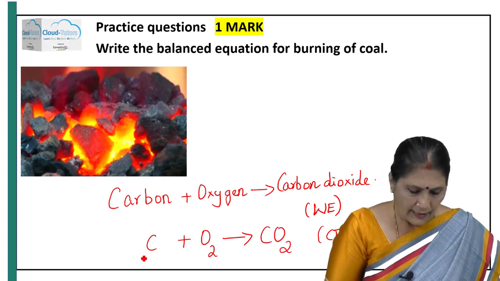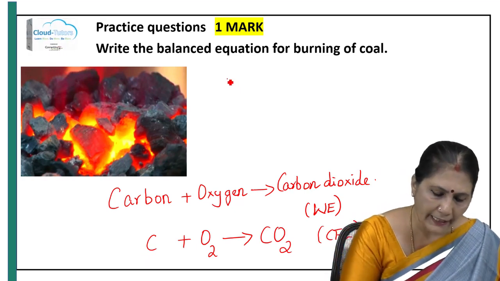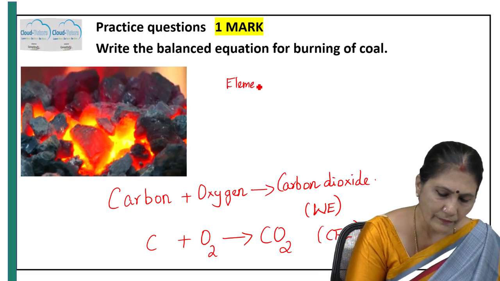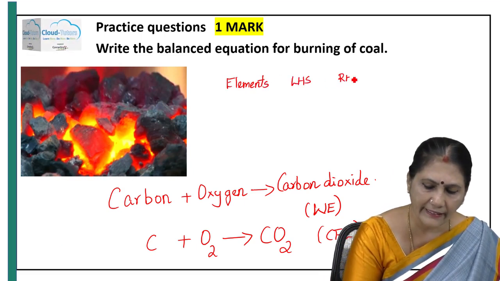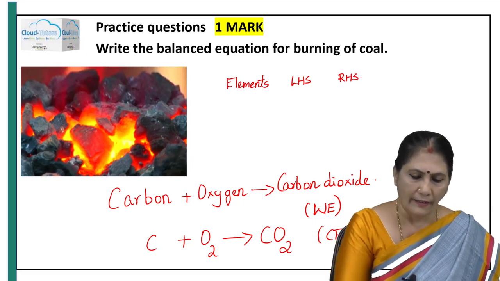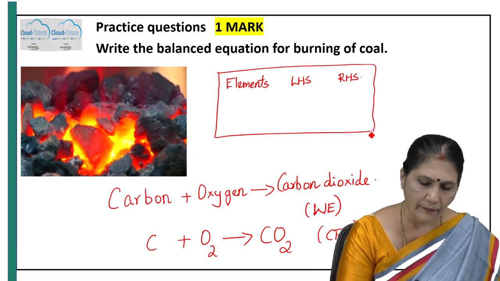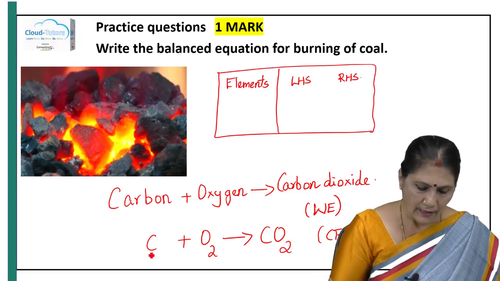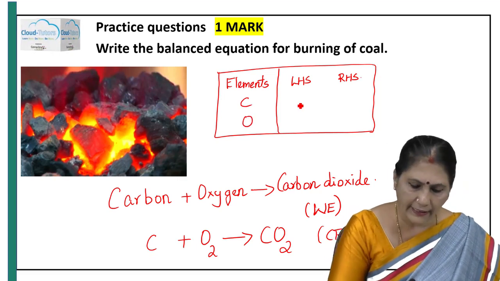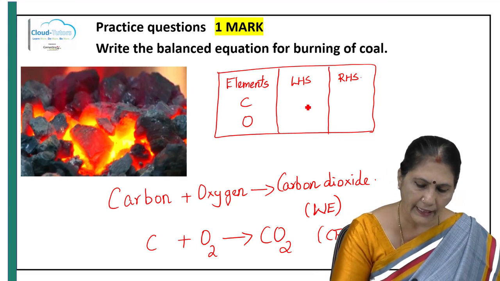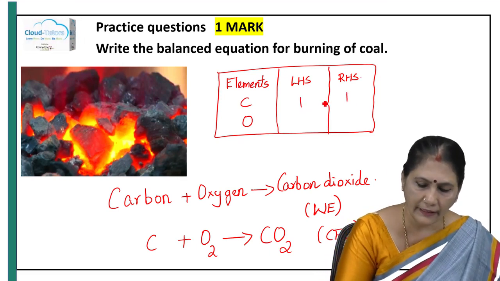Now, the number of atoms of carbon. Let me write here elements, and then left hand side, right hand side. Now, just to draw a small box. The elements are carbon and oxygen. On the reactant side, how many atoms are there? It is 1. On the product side, it is 1. That means it is equal.